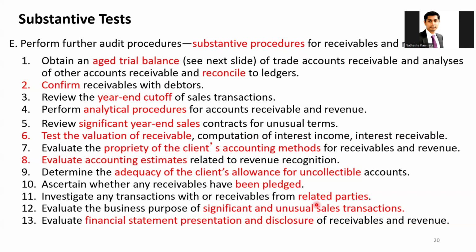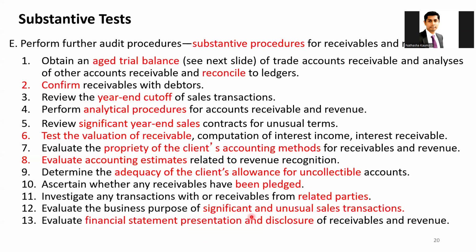That's why we call them related parties. So that is why sometimes they don't have proper agreements for those amounts. Amounts are just lent to the related parties. So you go and check, investigate the supporting documents.